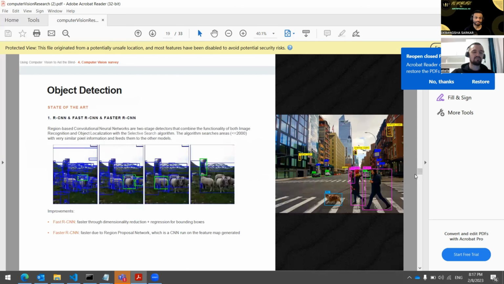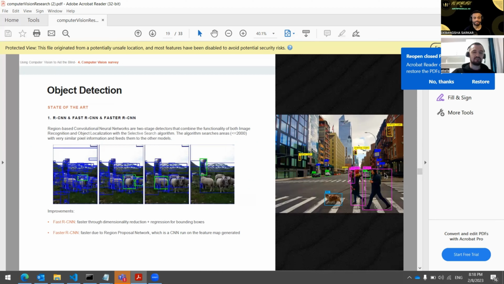Now for object detection, we also have some, let's say, better methods, which are RCNN, fast RCNN, and faster RCNNs. Basically what they stand for is region-based convolutional neural nets, which are two-stage detectors that combine both object localization and image recognition with the selective search algorithm.